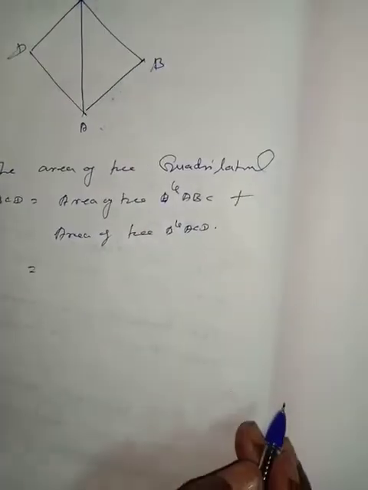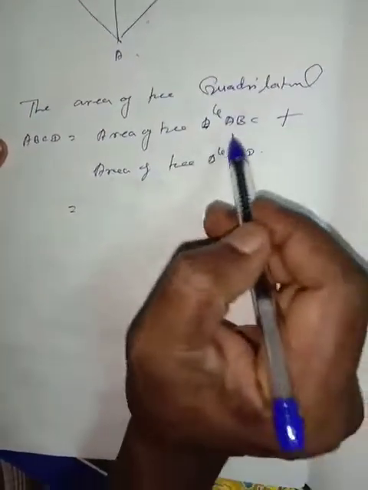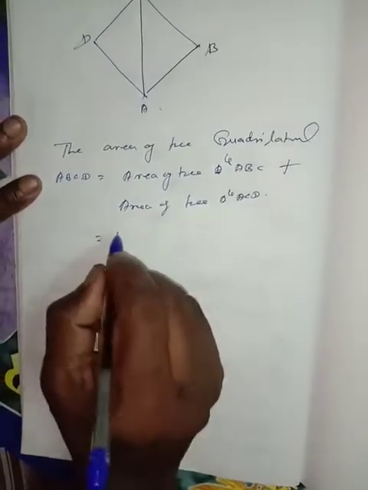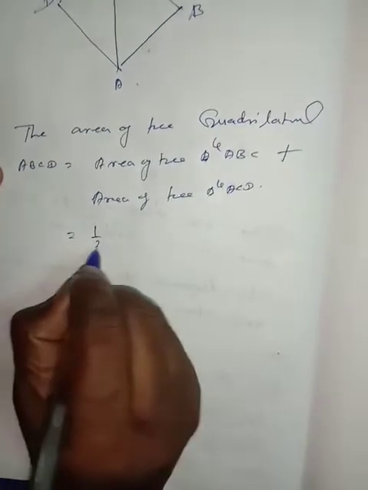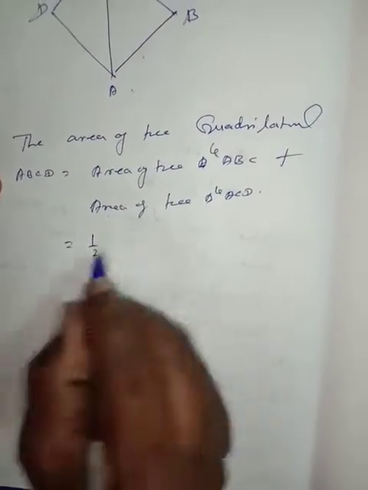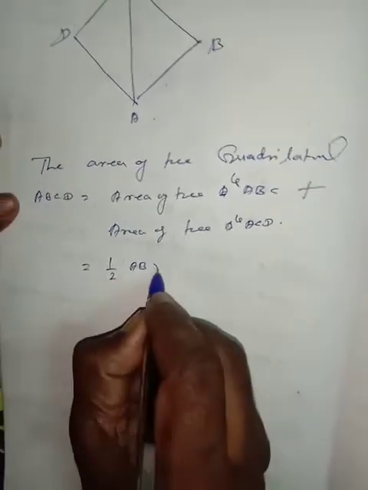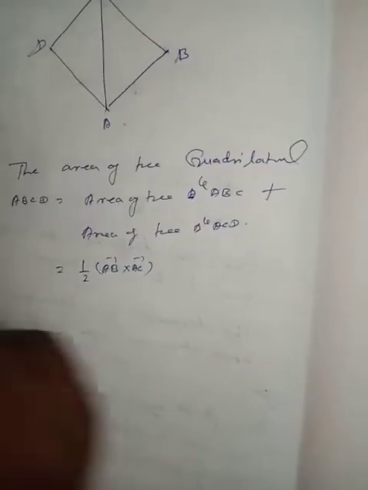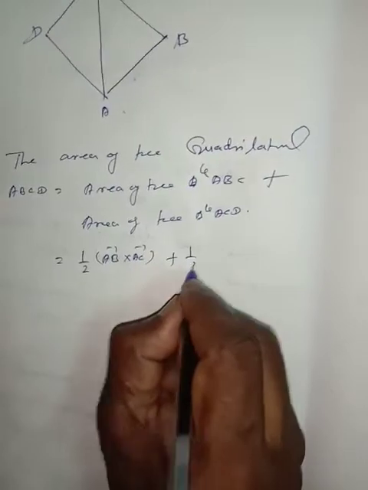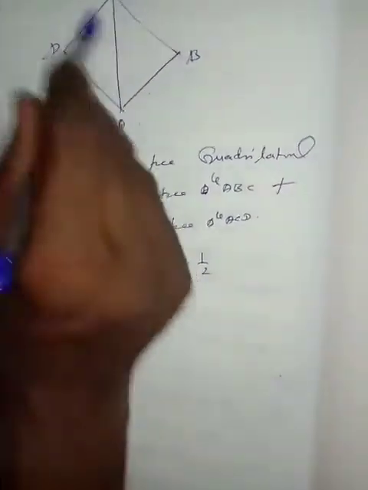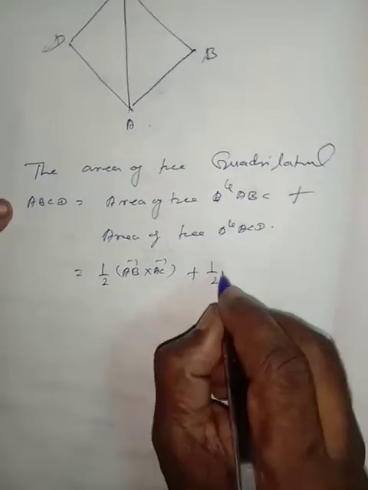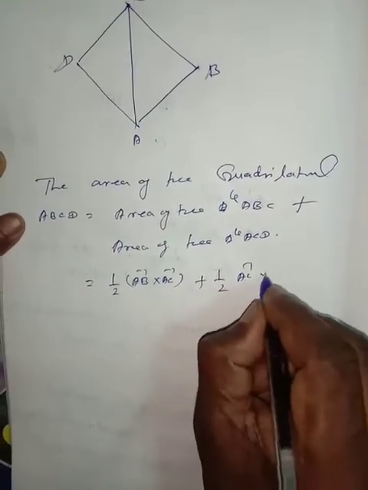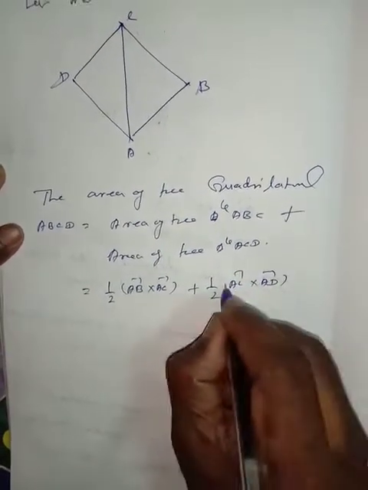Now, area of the triangle ABC, first triangle, is half into AB cross AC vector. Next, half into area of the triangle ACD, AC vector cross AD vector.